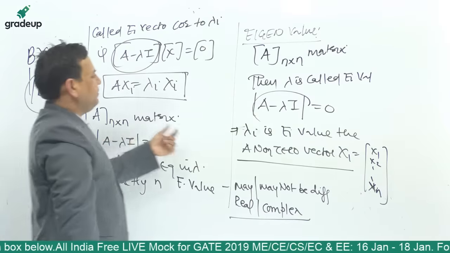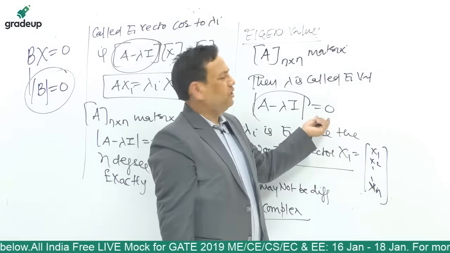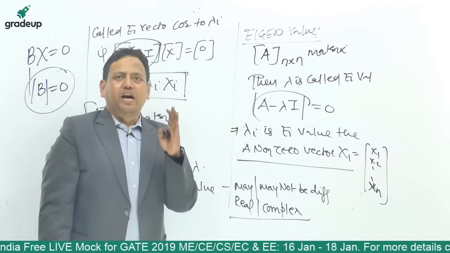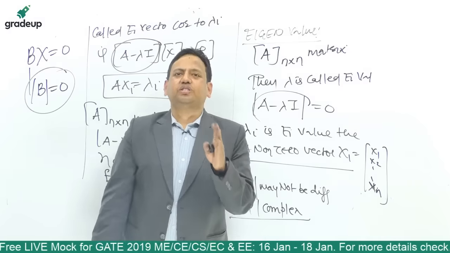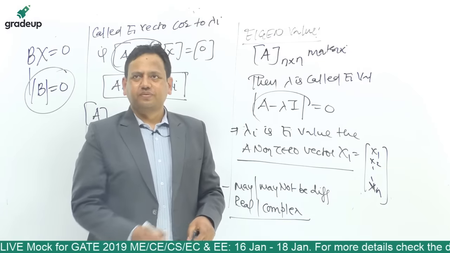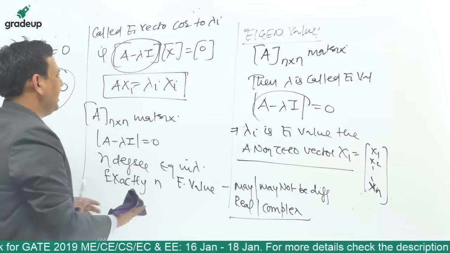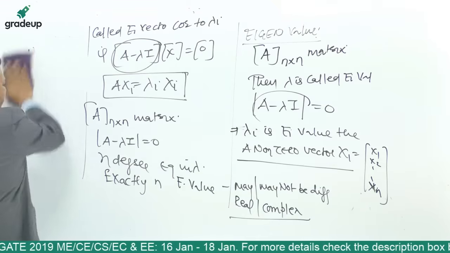And we have taken lambda such that the determinant of A minus lambda I is 0. So 100% x would be a non-zero vector. So always remember, an eigenvector is always a non-zero vector. Clear? So this is the property. Now I am just taking an example and then I will tell you the properties.